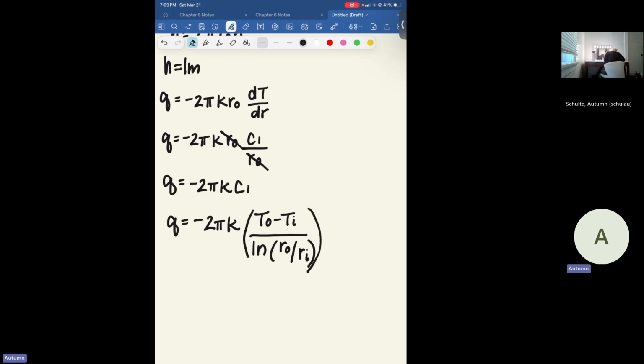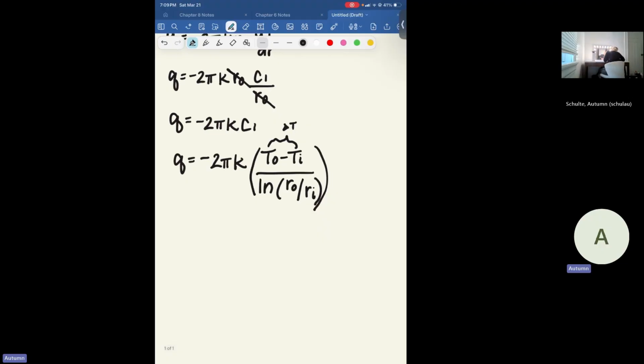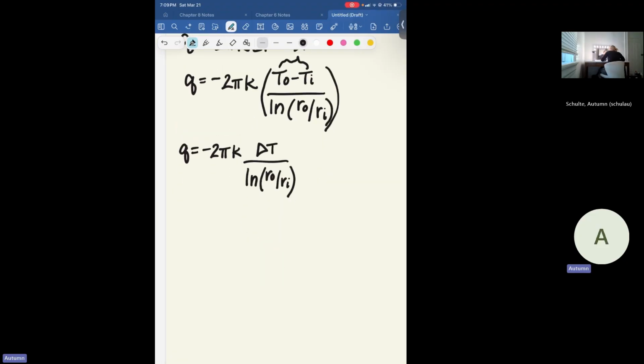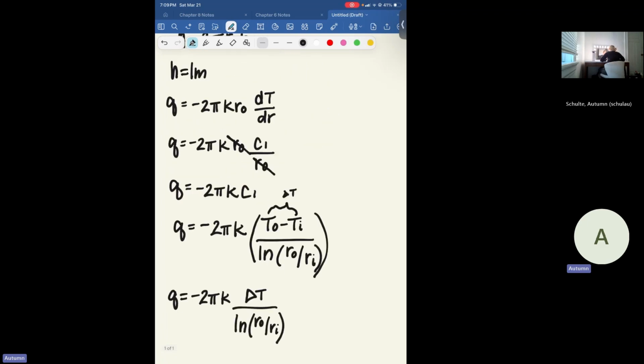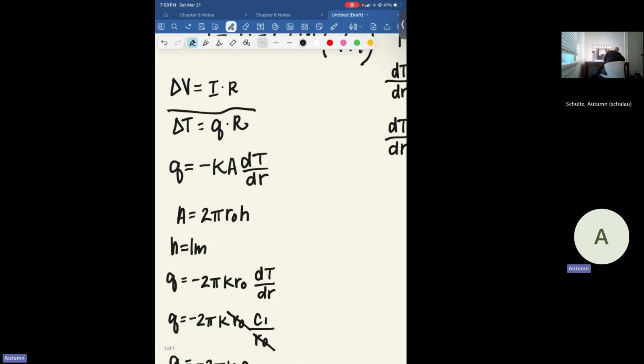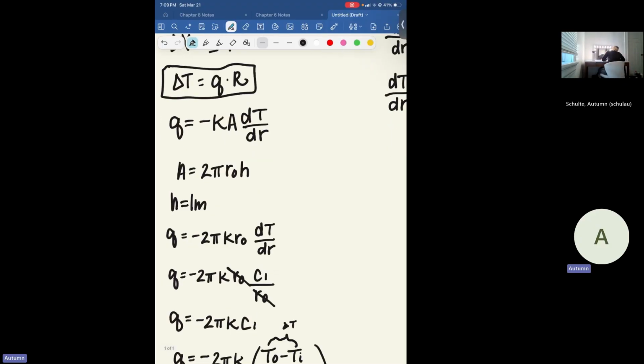As you can see, this now becomes a form of delta T. This is our temperature change, our driving force. So now we can simplify this to be our heat flow Q is equal to negative 2 pi times our thermal conductivity multiplied by delta T over natural log of our outer radius divided by our inner radius. Now we can simply rearrange our terms so that we can have our equation in this form.